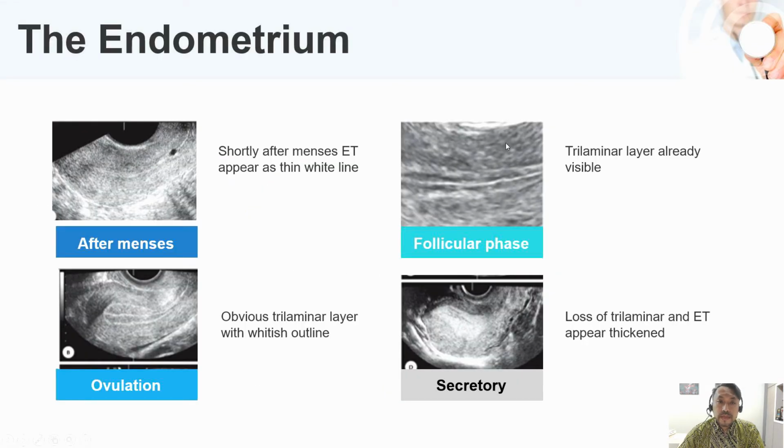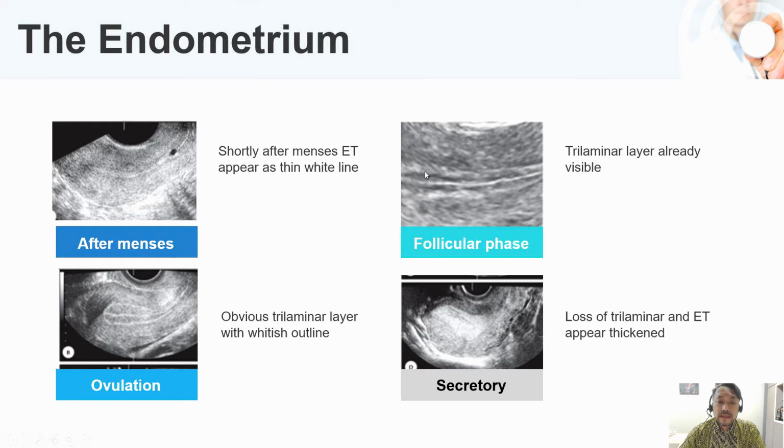Shortly after the patient has her menses, the endometrium will appear like a thin white line like this. This is just after the menses. And then in the follicular phase, you start to see a trilaminar layer. One, two, three.